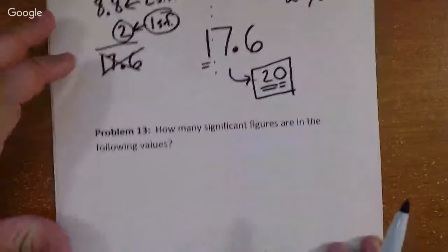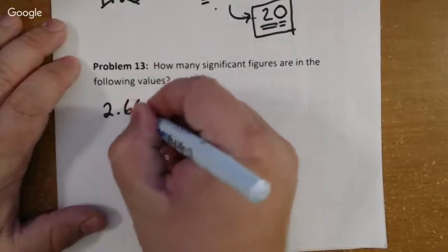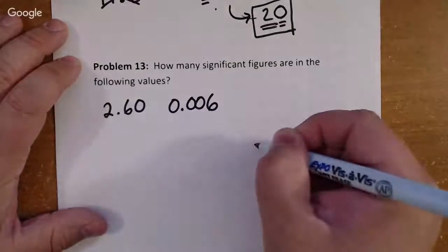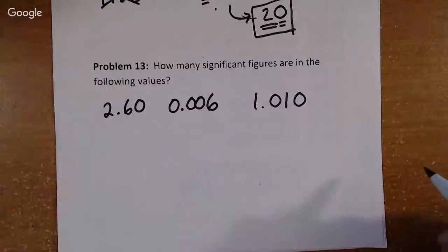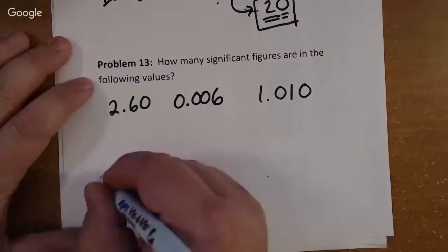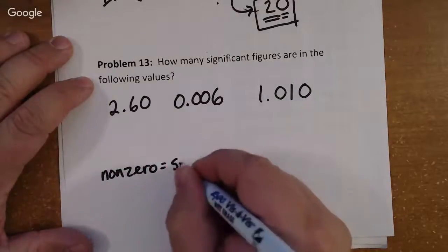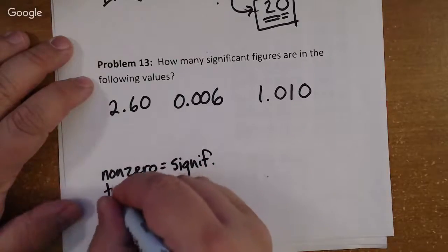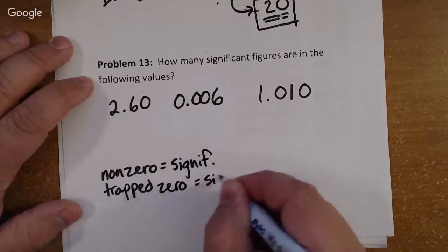Okay, how many sig figs are in the following values? We'll do 2.60, we'll do 0.006, and we'll do 1.010. You had a couple of rules for significant figures. Non-zero equals significant. If you had a trapped zero, that was going to be significant.